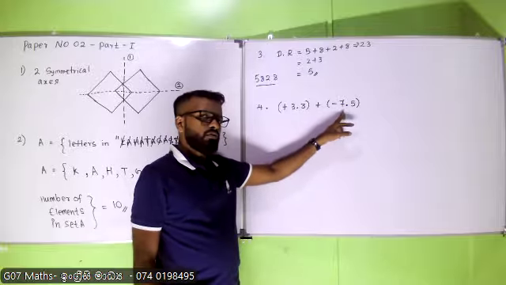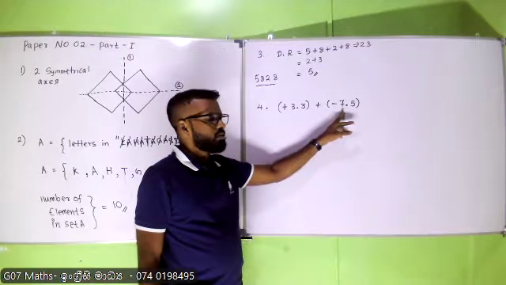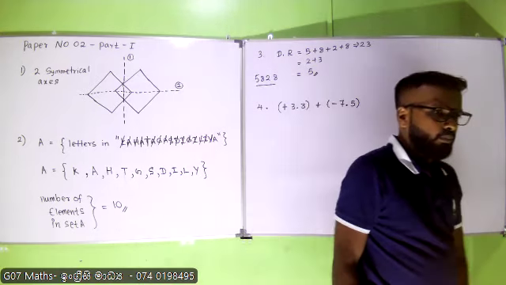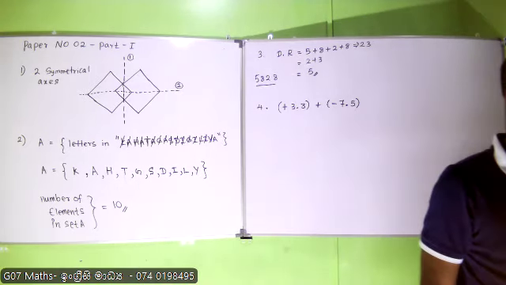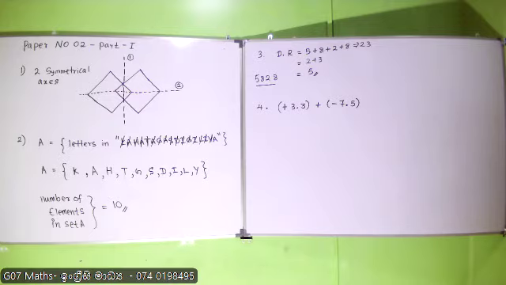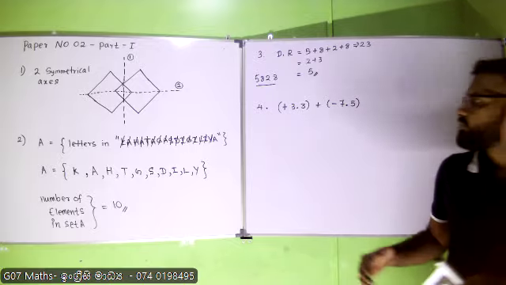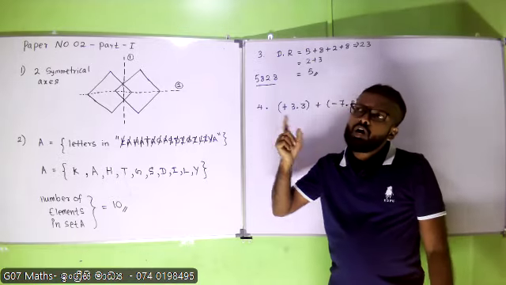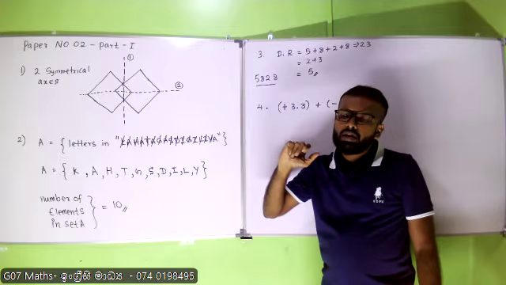And what is the sign of 7.5? Negative. Yeah, positive and negative. So they are two directed numbers and you have to add them together, right?